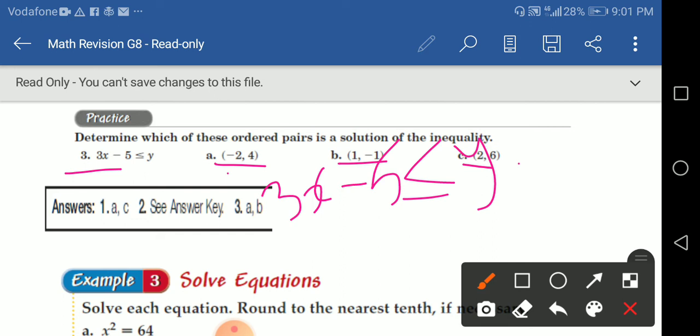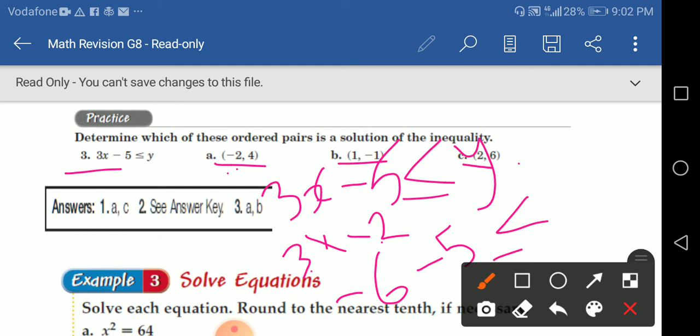If I write negative 2 instead of x, negative 2 times 3 is negative 6, and I have minus 5. For the other point, y is 4. So is this right or wrong? Negative 6 minus 5 is negative 11, less than or equal to 4. Of course, this will be a good answer.